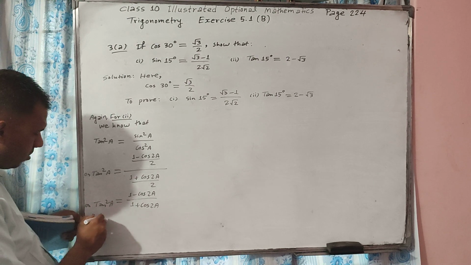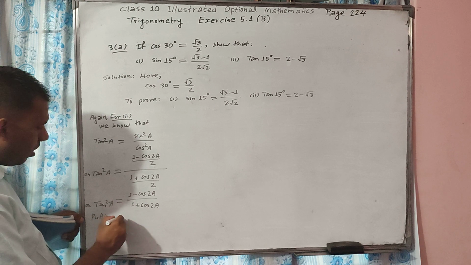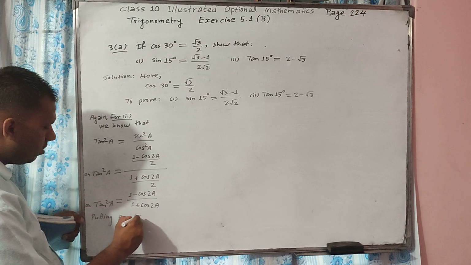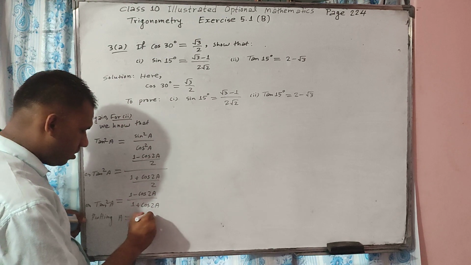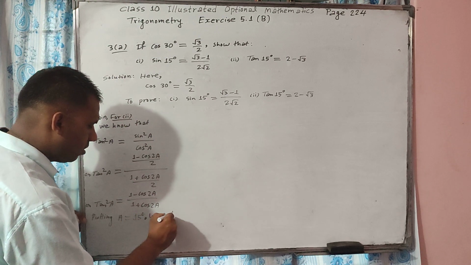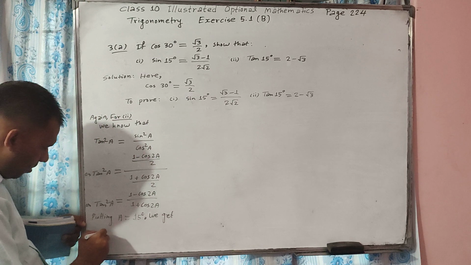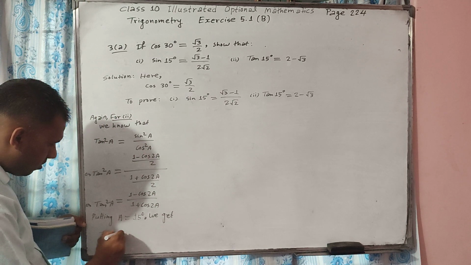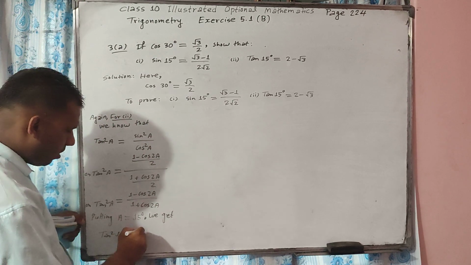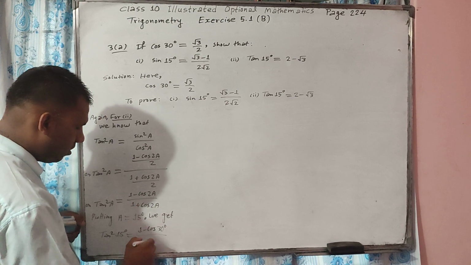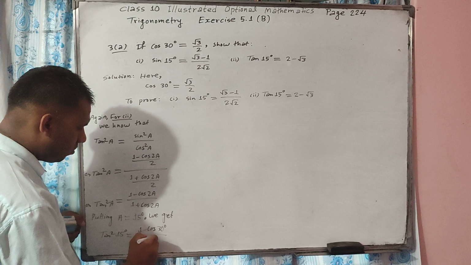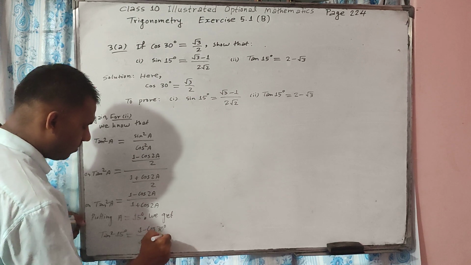Putting A equal to 15 degree on both sides, we get tan square 15 degree equals 1 minus cos 2 into 15, cos 30, whole upon 1 plus cos 2 into 15, cos 30.